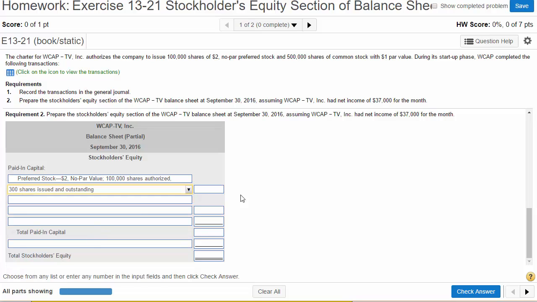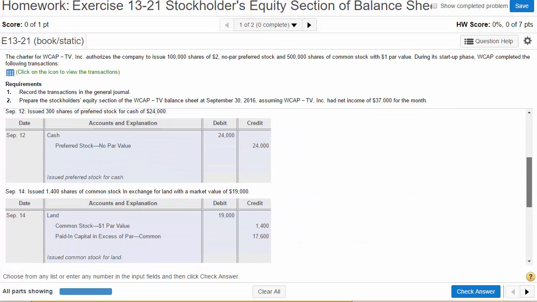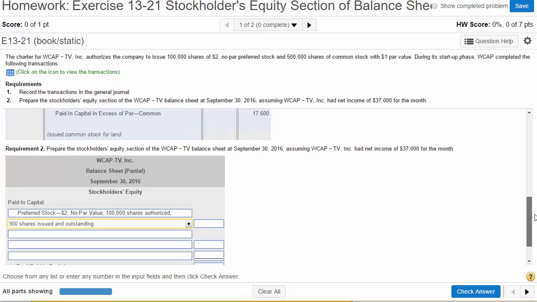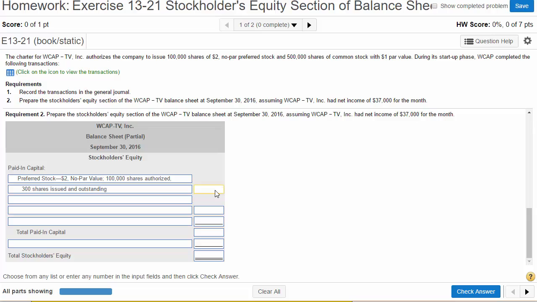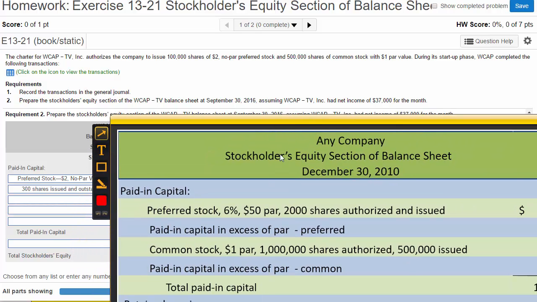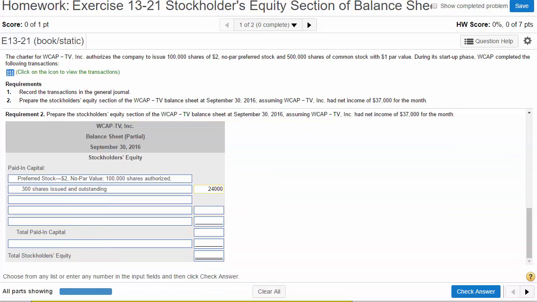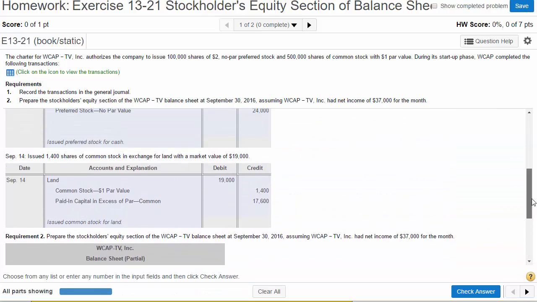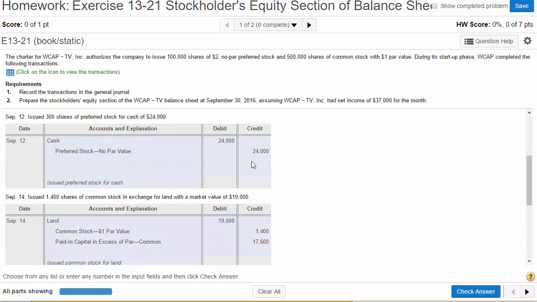So 300 shares issued and outstanding, and the dollar amount is the $24,000 credit. Next would be the paid-in capital in excess of par for the preferred. Go back up and notice we have no paid-in capital in excess of par for the preferred stock. So we're done with the preferred stock section.